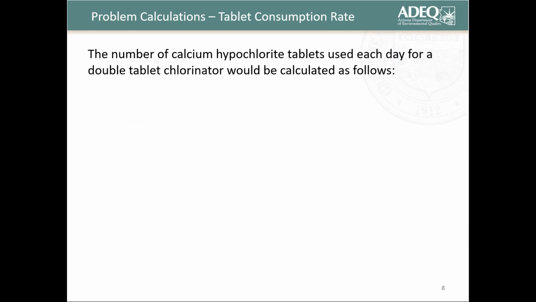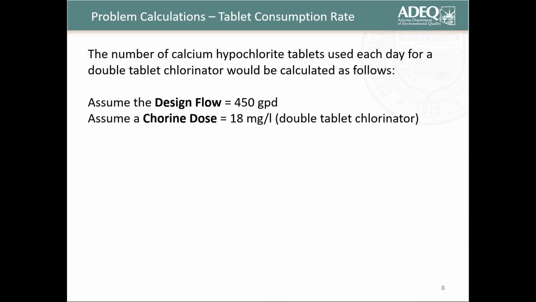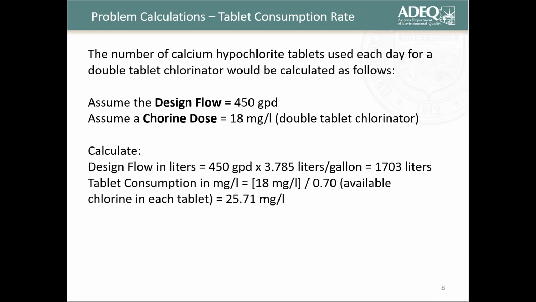Now let's calculate the number of calcium hypochlorite tablets used each day for this double tablet chlorinator. So we're going to assume a design flow of 450 gallons per day. We're going to assume a chlorine dose of 18 milligrams per liter because we had a double tablet chlorinator.